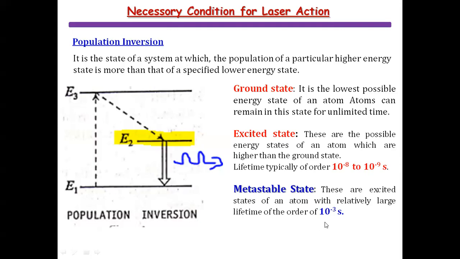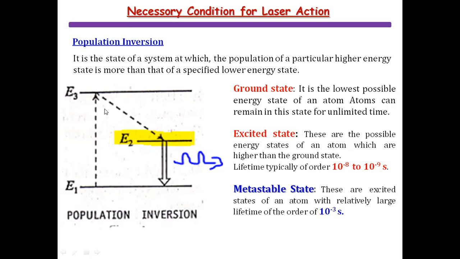You will find there is a 10⁻⁶ gap in time interval between the metastable state and the excited state. That is, the metastable state is 10 lakh times more stable than the excited state.